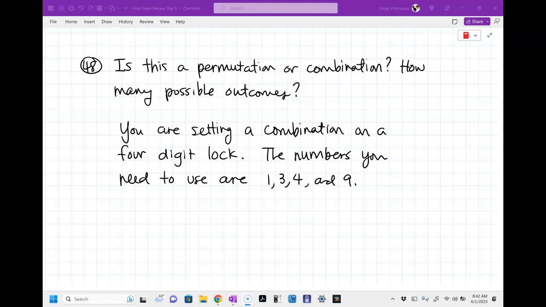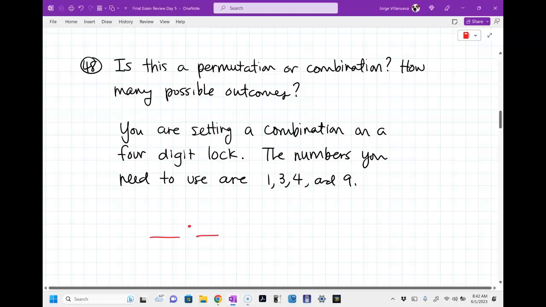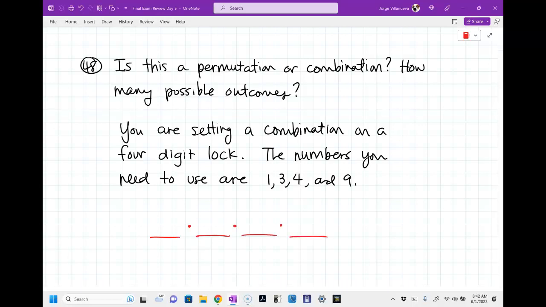I would say this is more of a permutation, but if you remember, these combination lock problems didn't require you to do a formula. You just had to do 4 different settings, right? So how many options did I have for the first number? 4. Now the next one has to be how many? 3, right?